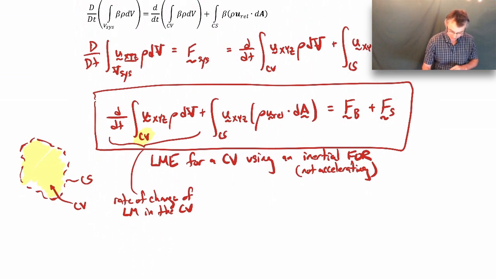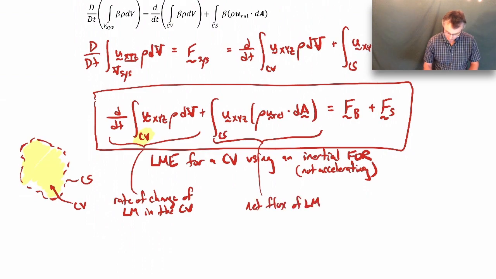Now the second term is the flux of linear momentum out of the control volume through the control surface. So this is the net flux of linear momentum out of the control volume through the control surface.